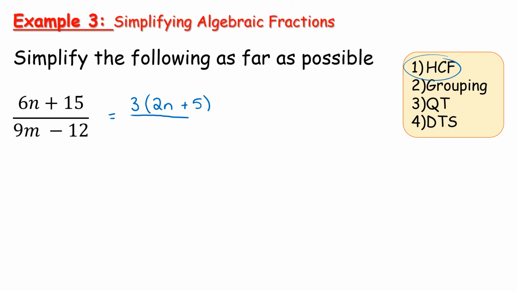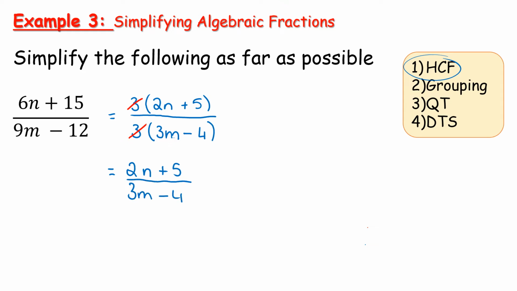On the bottom line, we have 3 is common as well, and we're left with 3m minus 4. And now we have a 3 above and below the line. It is a common factor, and we're left with 2n plus 5 all over 3m minus 4.